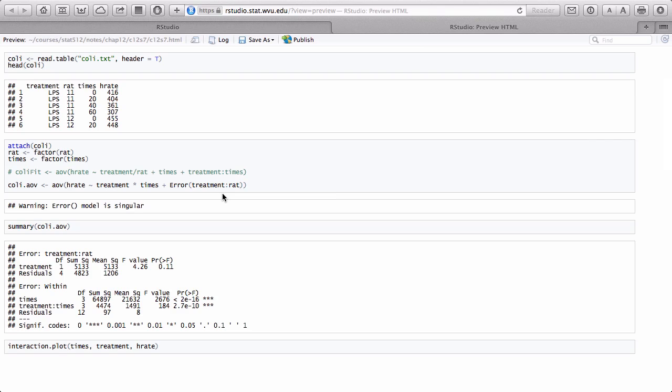So I think there are 2 treatments, 3 rats, and then 4 times: 0, 20, 40, and 60. So does everyone understand the experiment? This experiment is very common.